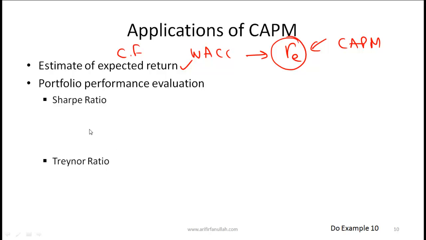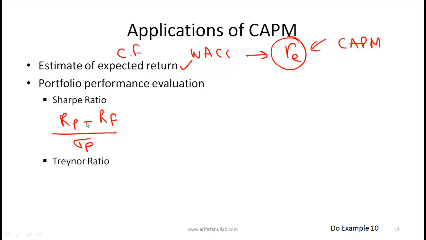You've seen the Sharpe ratio before in quantitative methods, and this is extremely important, so we are going to see it again. The formula for the Sharpe ratio is the return on a portfolio minus the risk-free rate divided by the standard deviation of the portfolio.